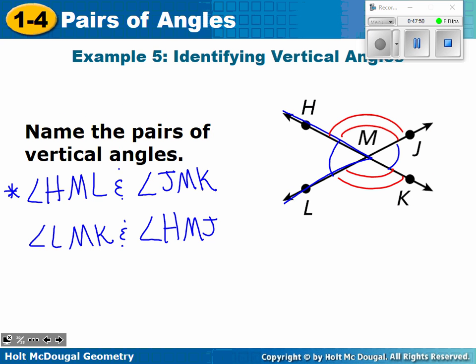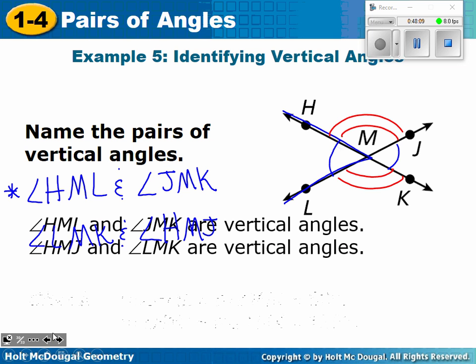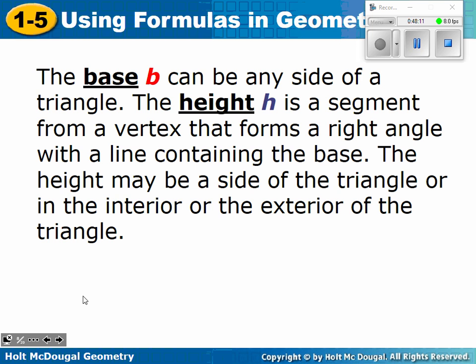Okay, base and height. I mentioned this already just a second ago when I was talking about how base can be any side. What did I just do? Lashley, come on. There we go. So the base can be any side of a triangle.